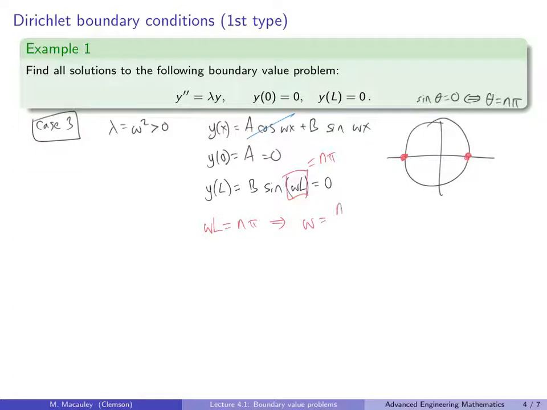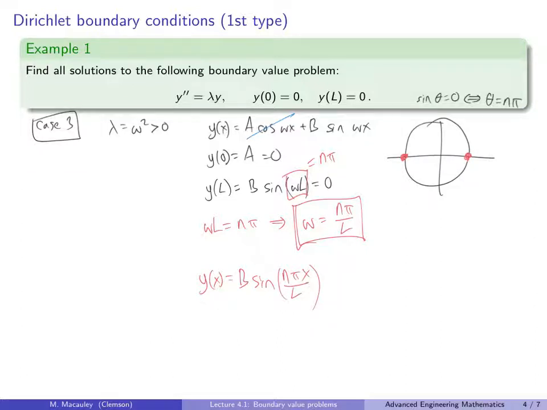Omega equals n pi over L. And the special case is when L equals pi, we just get omega equals n. So what this tells us is that we have a solution: y of x equals b sine of n pi x over L.